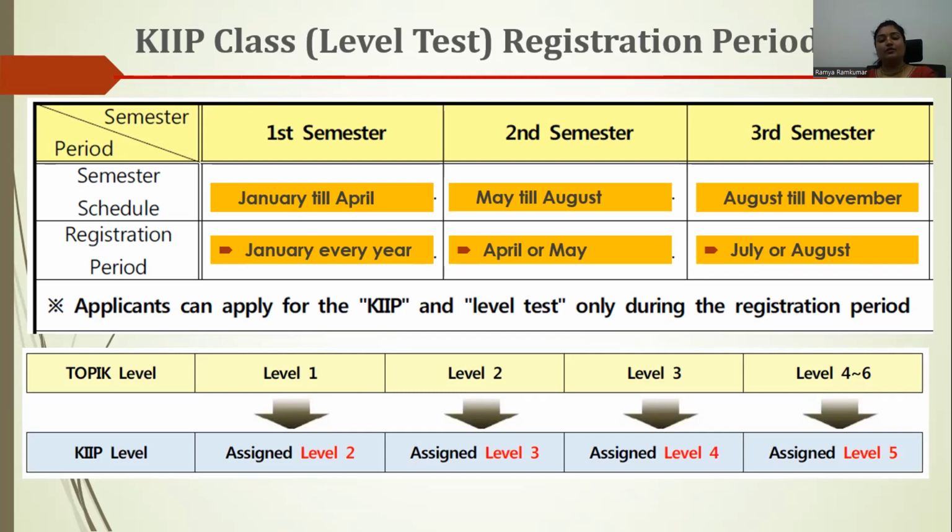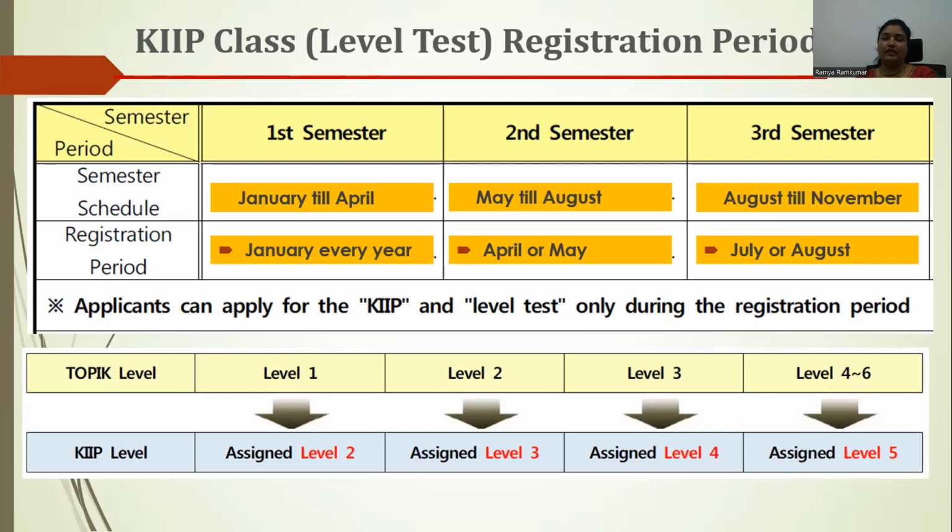So for any person who wants to apply for KIIP or the level test, it has to be done only during the registration periods. That registration period is open only for 8 to 10 days. So if there are a lot of people, it is better to apply initially once they start the registration. Otherwise, the seats get filled very quickly.